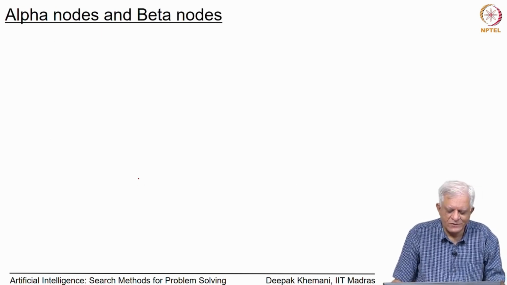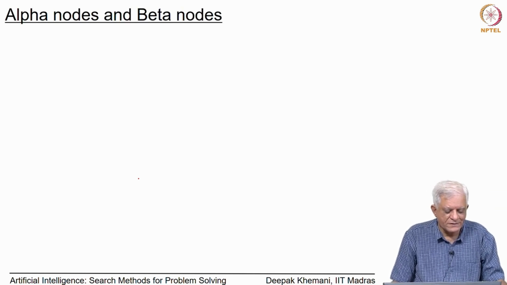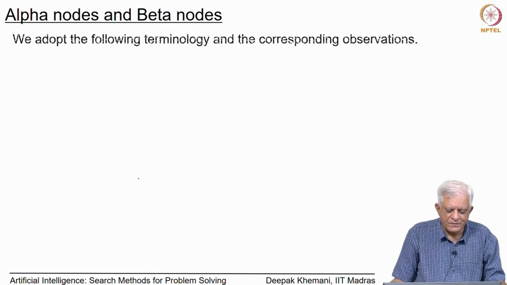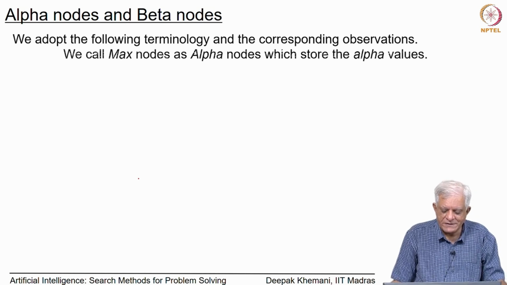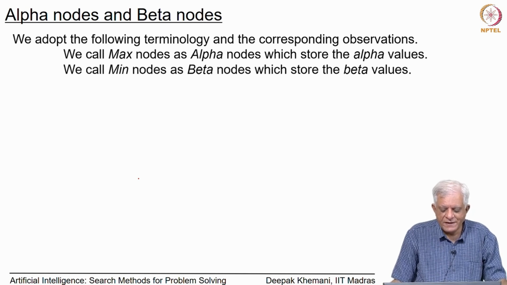To help us do this in a systematic way, we will adopt some nomenclature. We will adopt the following terminology and the corresponding observations with these nodes. We will call max nodes alpha nodes and they will store the value which we will call alpha values.